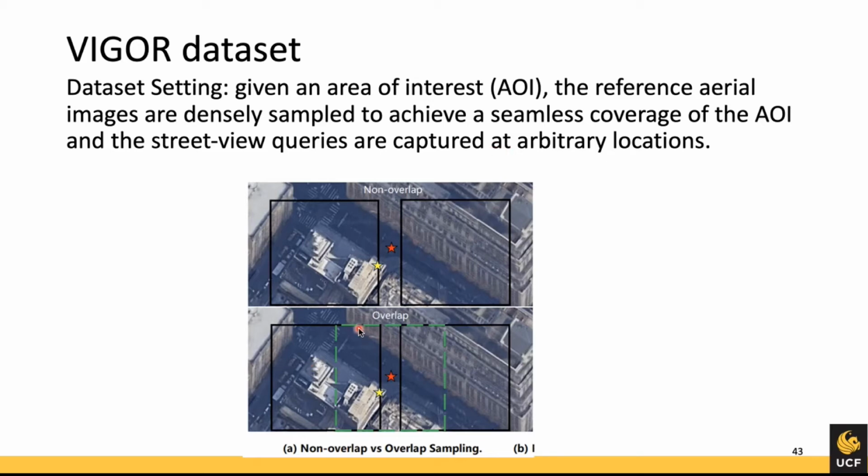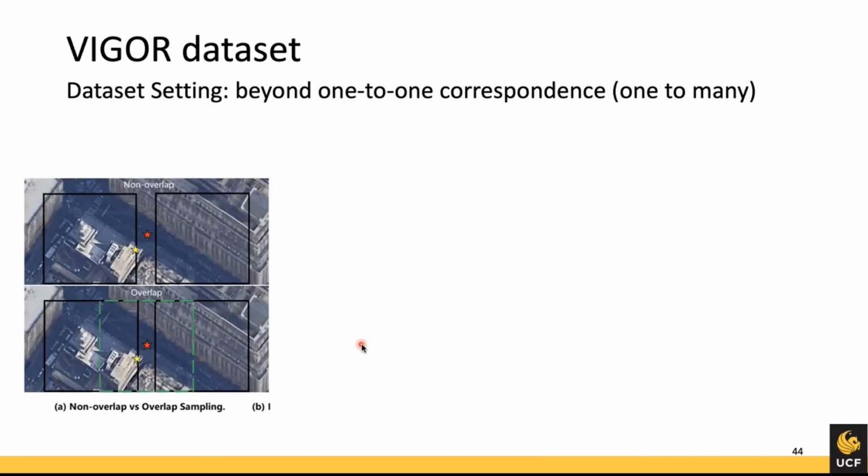By dense sampling, we mean we do this kind of overlapped sampling. You have an aerial image located here, then with a certain ratio of overlap we sample another aerial image, so that for any arbitrary query that emerges, some of the reference aerial images are able to cover it.